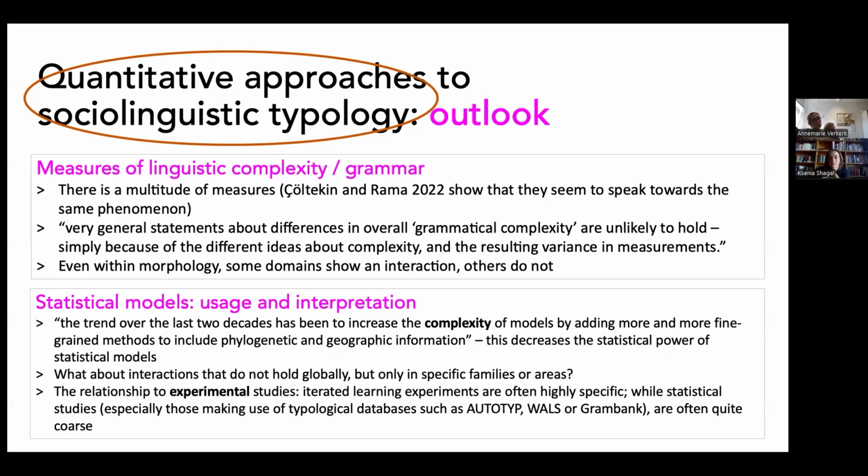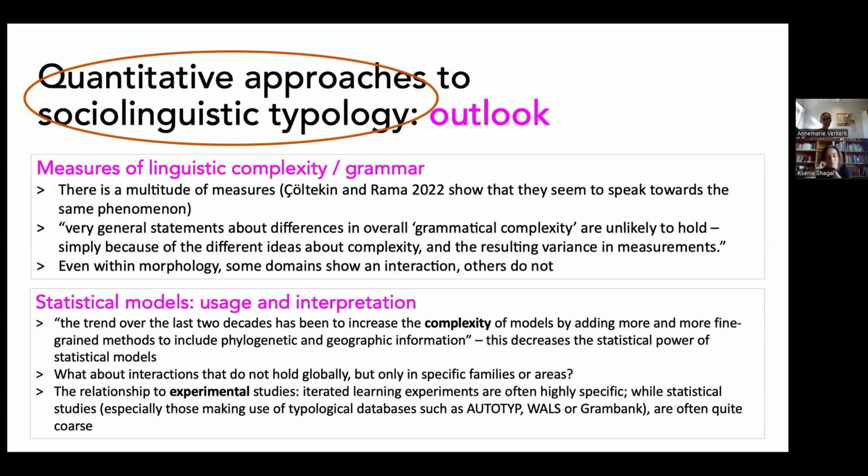So overall, the trend has been to increase the complexity of models by adding more and more fine-grained methods, including phylogenetic and geographic information, different predictors and so on, but this also decreases the statistical power of statistical models. So we should also be interested in interactions that do not hold globally, but that hold only in specific areas or families.